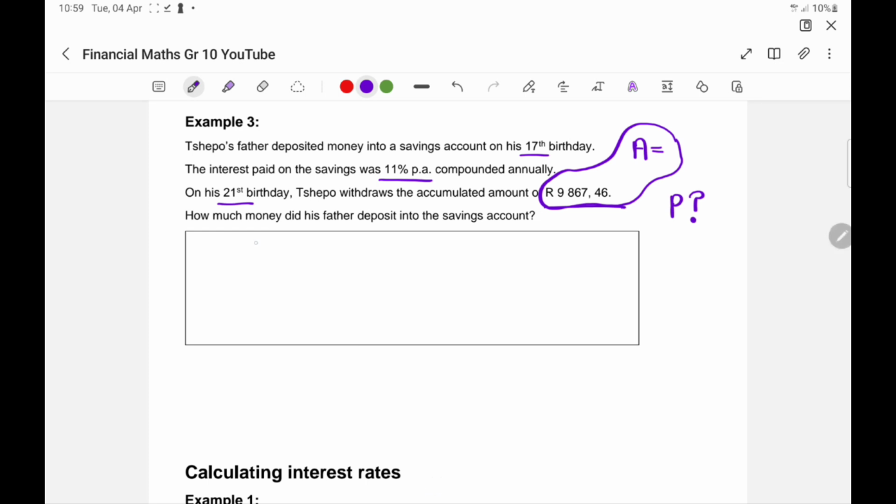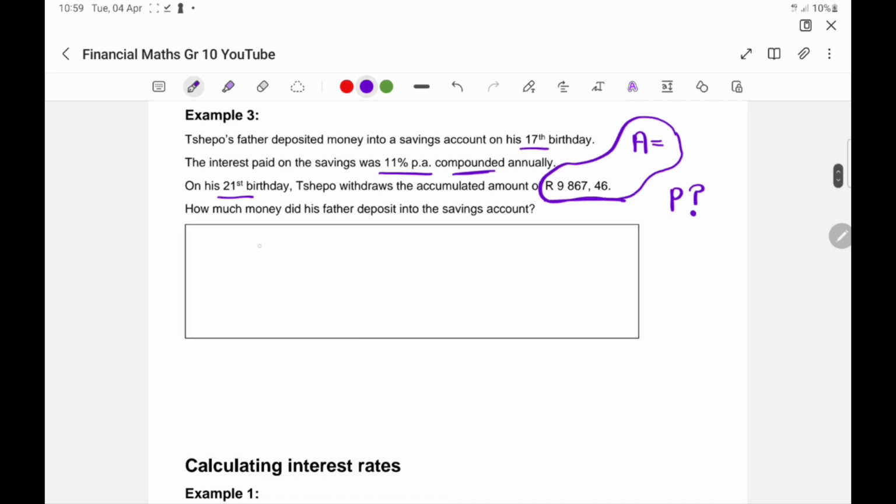Okay, so in your formula, because it's compound interest, we're going to look for the principal amount, and we've got the future amount. So it's 9867,46. Oh, sorry, there goes our bell. Is equal to P times 1 plus 0,11, and it's all raised to the power.